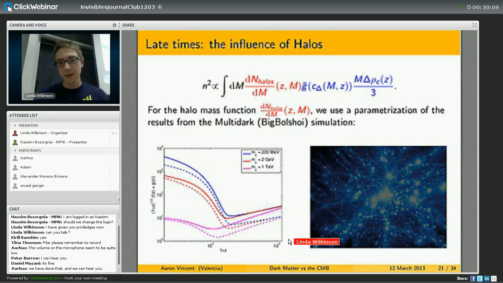So this is the redshift on the x-axis, and the y-axis you can see is the efficiency of dark matter annihilation. So this is for different masses of dark matter, but that doesn't matter too much right now. So you can see that the efficiency decreases gently as redshift goes down from surface of last scattering to today. And then when halos start to contribute, there's this massive increase by several orders of magnitude in the efficiency of dark matter annihilation.